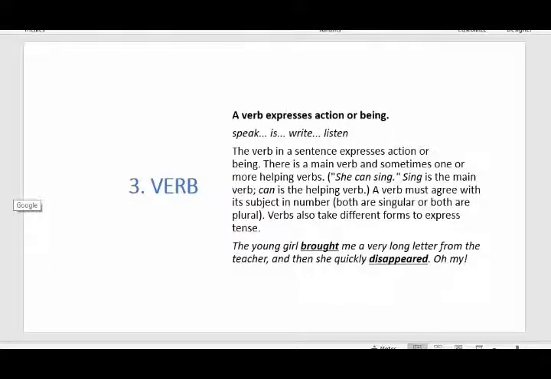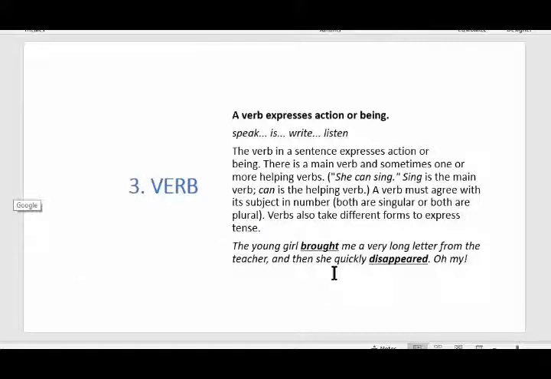Next, verb. A verb expresses action or being. Any action that you take is a verb. We sometimes may have more than one verb in a sentence. There would be one main verb and there could be a helping verb or an auxiliary verb or a modal verb. We will get into more details about verb in the future lessons.